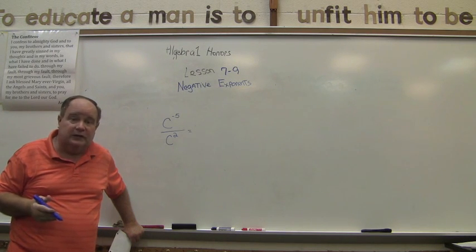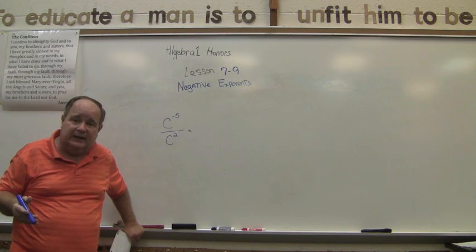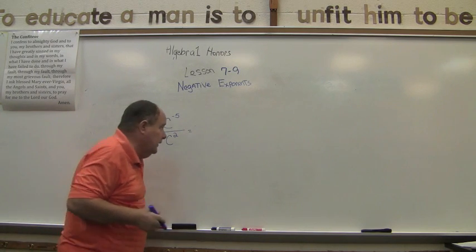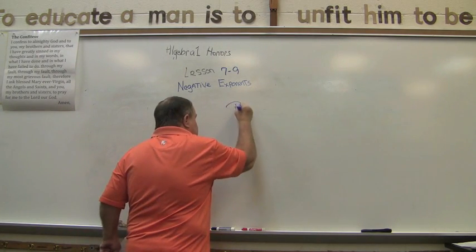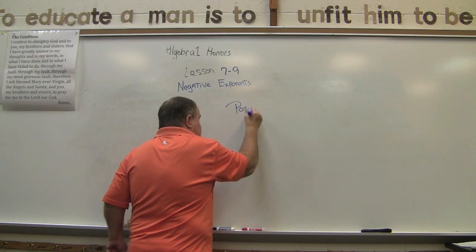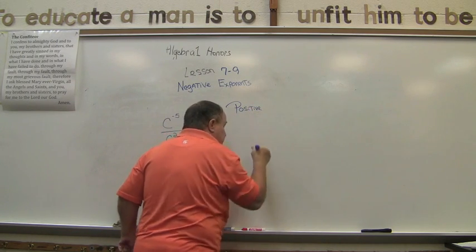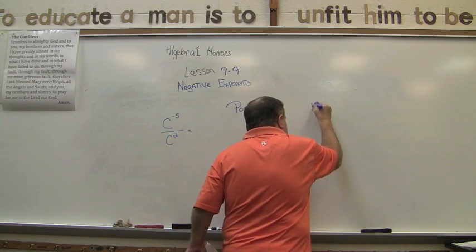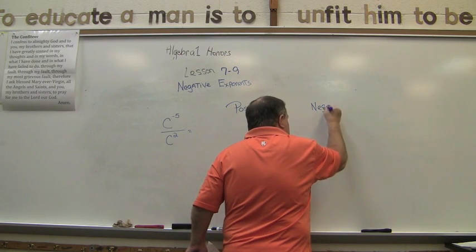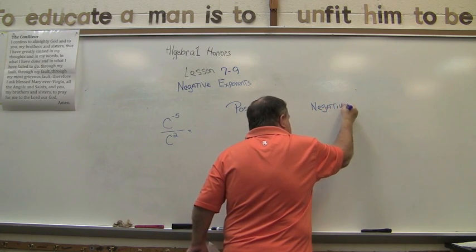Or conversely, they could tell you, I want all the exponents to be negative. We'll do it two ways. Okay, if I want all the exponents to be positive, let's see over here, we want all the exponents to be negative. Just the flip side of what we do.